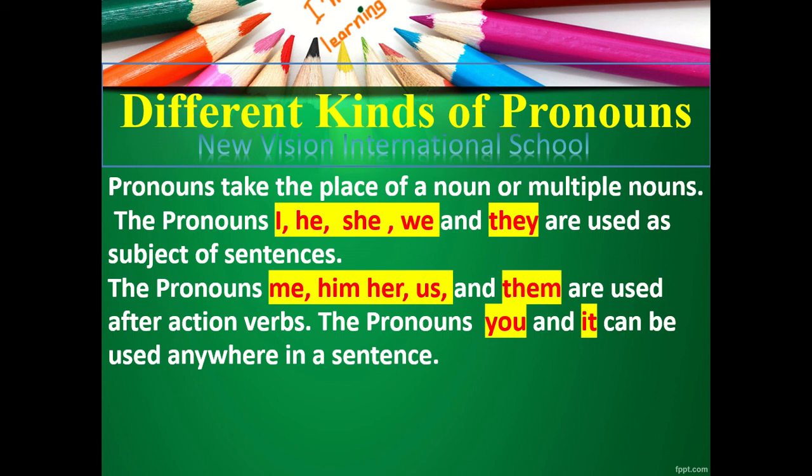We use them at the beginning of the sentence, while the pronouns me, him, her, us, and them, we use after the action verbs. Lastly, the pronouns you and it can be used anywhere in the sentence. Is it clear?